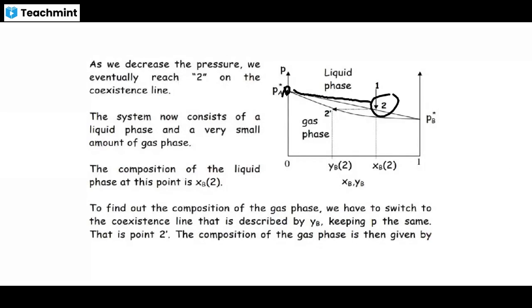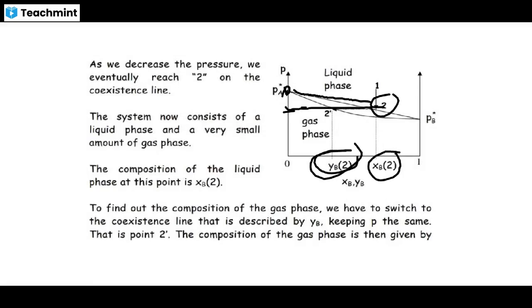That is mole fraction xB. Then at constant pressure, you take the straight line and you get the yB. This is the gas phase mole fraction. Taking the pressure constant means you take the straight line; this is the liquid phase curve, below is the gas phase curve. If you take the straight line you get the gas phase mole fraction.